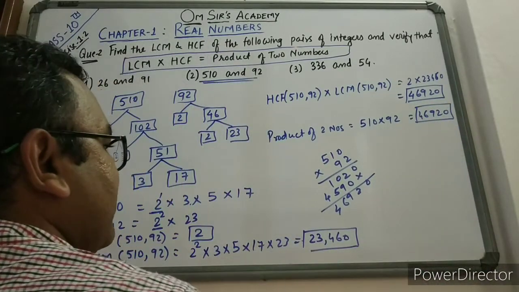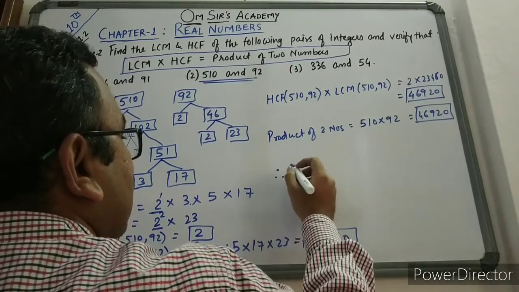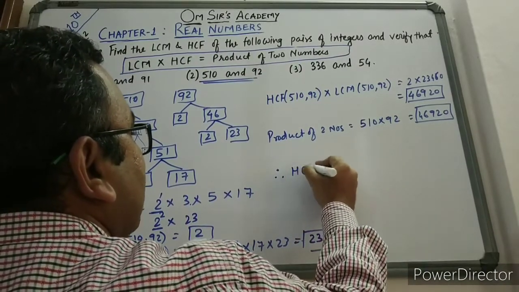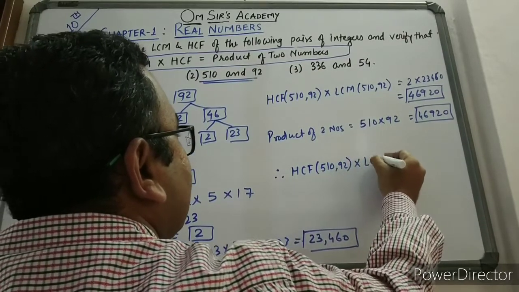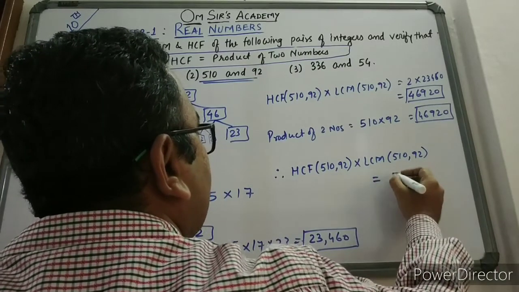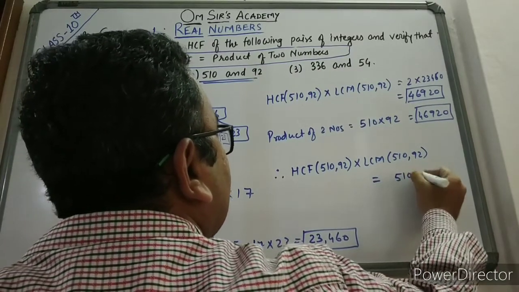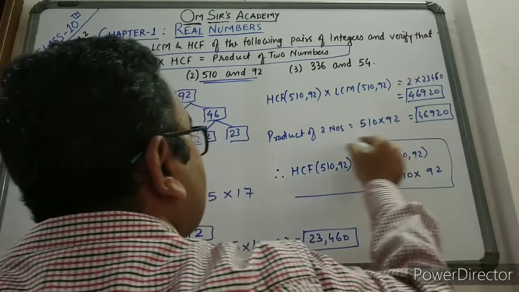So hence friends it is verified. So therefore we can write, hence HCF of 510, 92 into LCM of 510, 92 is equal to 510 into 92. So hence this is verified.